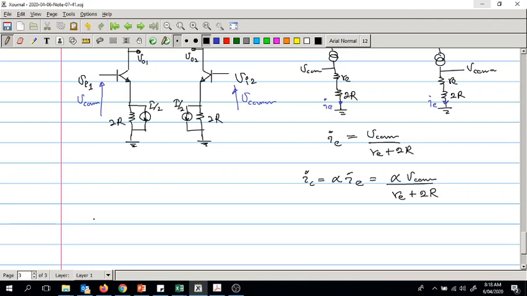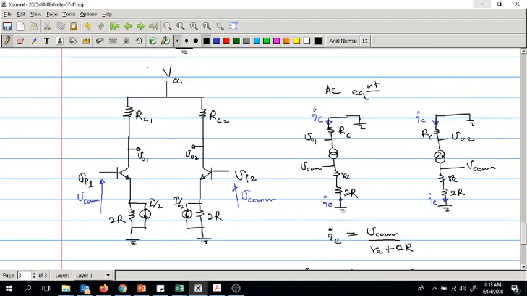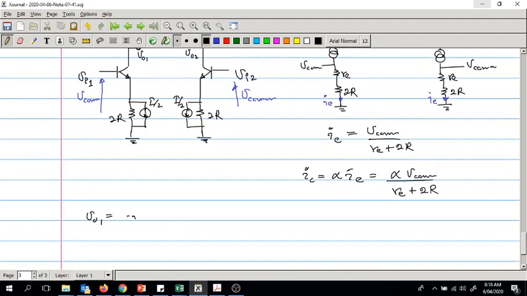Now what is V out 1 from this circuit? V out 1 is the output voltage with respect to the ground, which is minus IC RC, which is minus alpha V common RC divided by RE plus 2R.